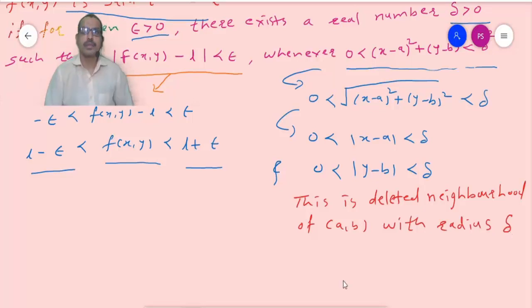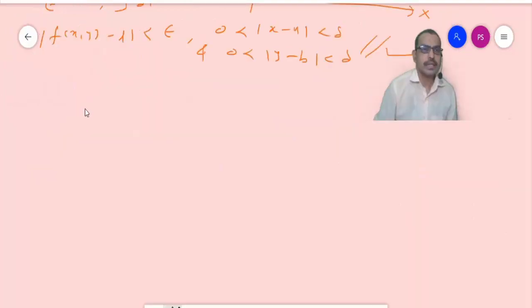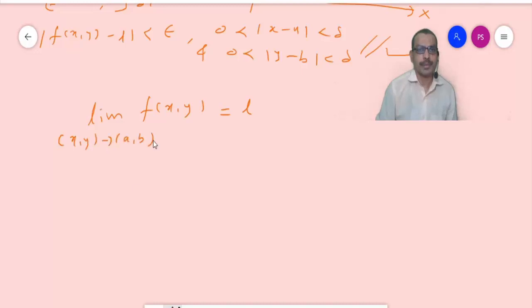Okay, this is the deleted neighborhood of (a, b) with radius delta. And this can be written as the limit of the function f(x, y) equal to L as (x, y) approaches (a, b).